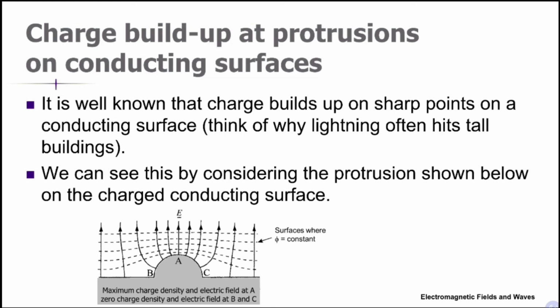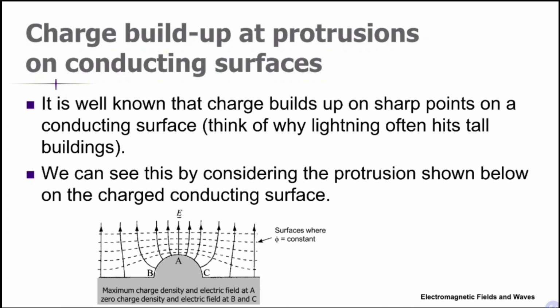Charge builds up at protrusions on a conducting surface. If I have a conducting surface that protrudes to a sharp point at A, then practically, if you look at lightning, it always strikes on high buildings or sharp points.